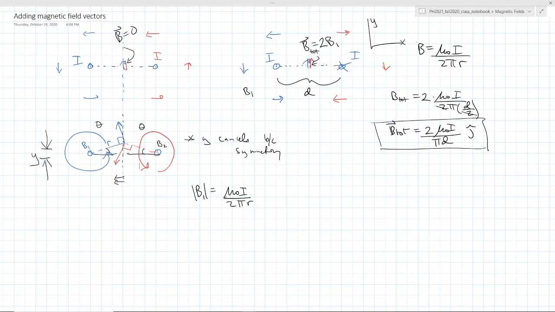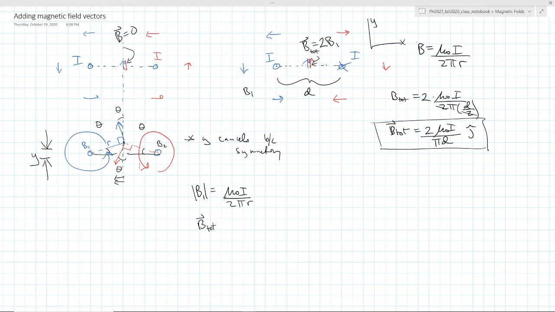So you can also identify that angle as being here or here. And as a result of that, you can see that the x piece that you're going to want would be the sine contribution.